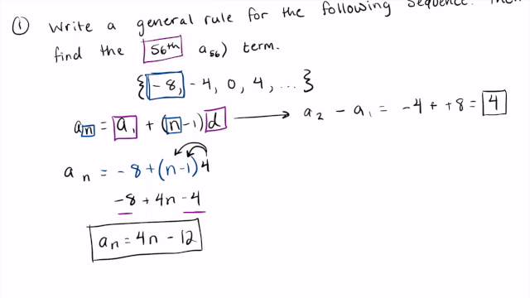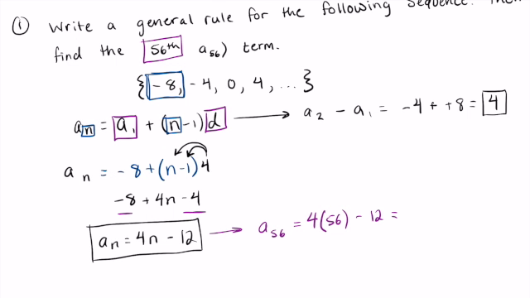In that given case, I can find my 56th term by saying a sub 56, which means that's my 56th term, equals 4 times 56 minus 12.